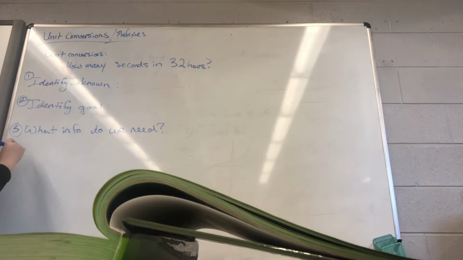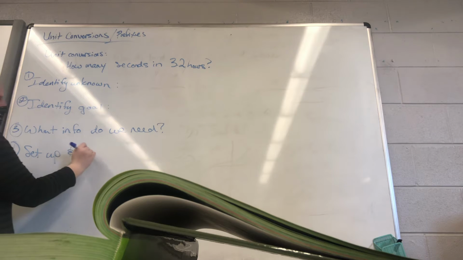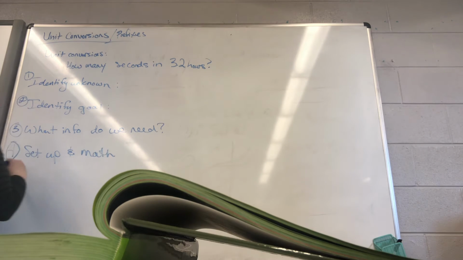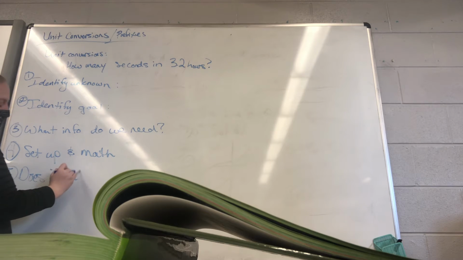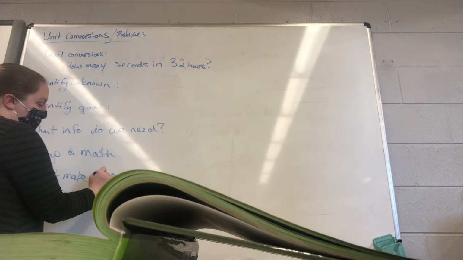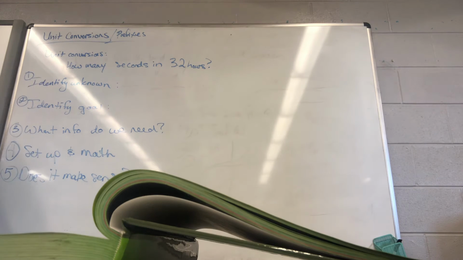And then do the setup in math. And last thing is it just doesn't make sense. Or just some stepwise problems. And these steps are going to apply anytime we're doing any of our math problems.